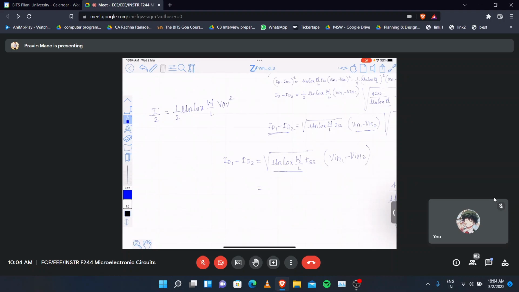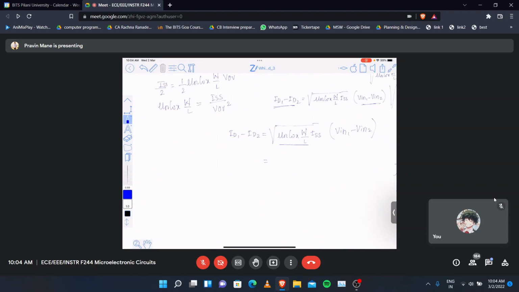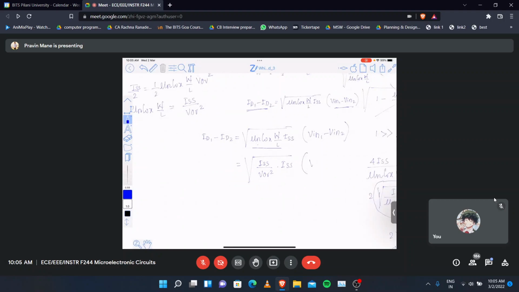From this, mu n Cox W by L can be written as ISS divided by VOV square. If I substitute it here, what will I get? The square root of mu n Cox W by L times ISS, times (Vin1 minus Vin2), becomes the square root of ISS divided by VOV square multiplied by ISS, times (Vin1 minus Vin2).